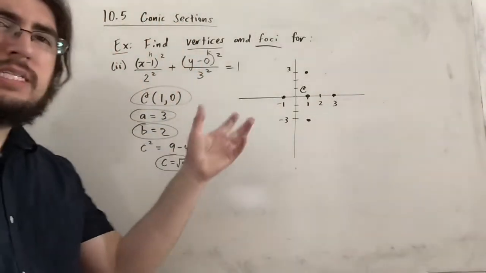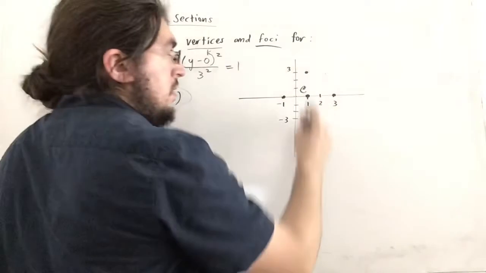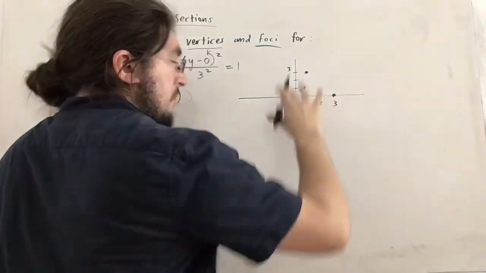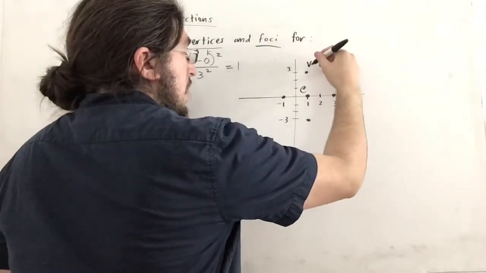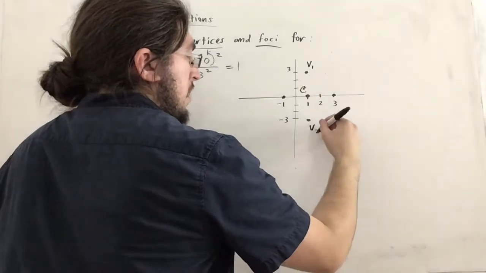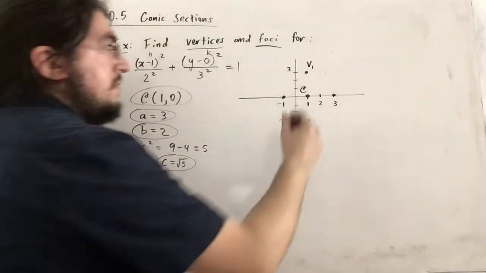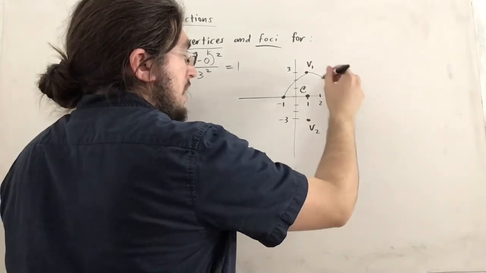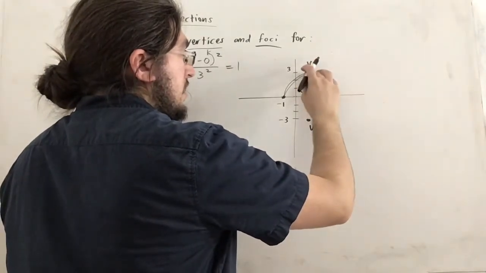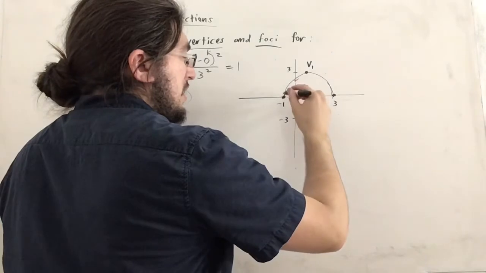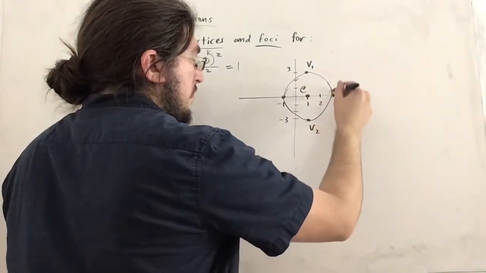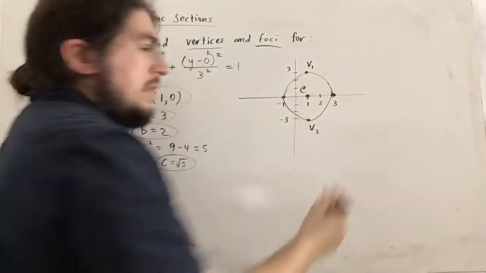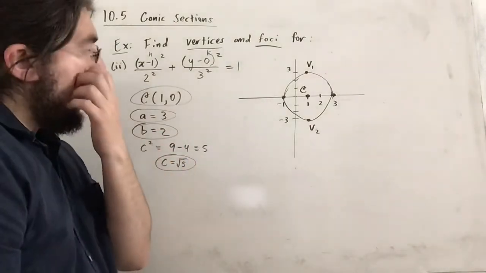So it may be hard to tell with my scaling, but the longer of the two, the ones further away from the center, are these two vertically. So these will be the vertices. And that'll be our image like that. Let me try to do that a little more justice. It looks a little better. It still looks kind of circle shaped. It should look more vertically oblong. But that's fine. I'll just leave it like that.